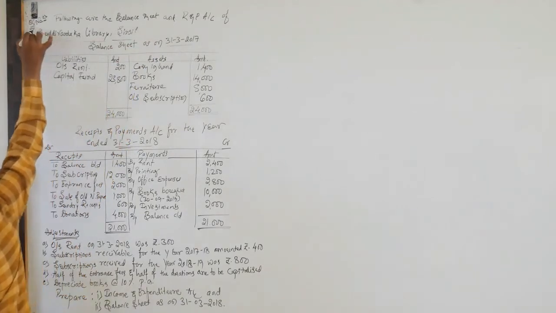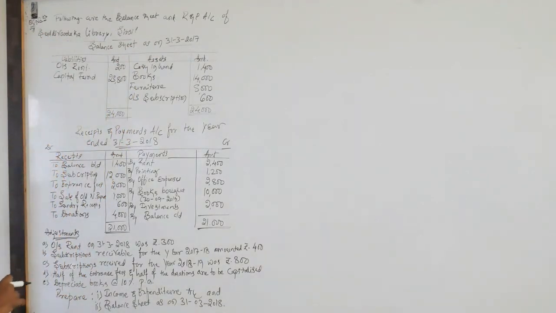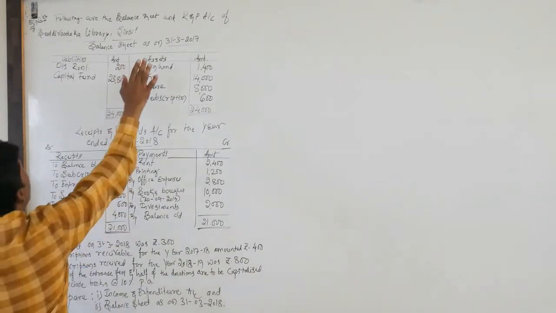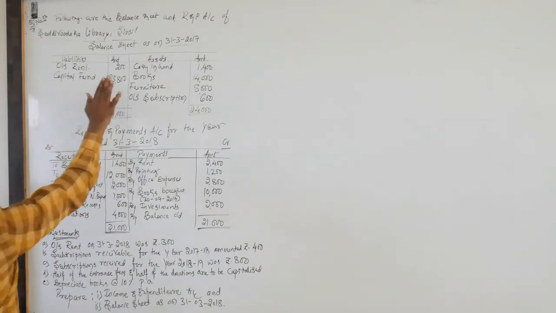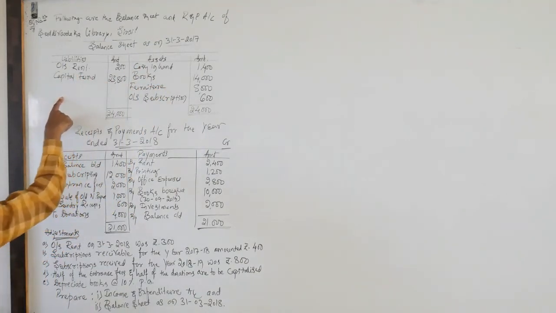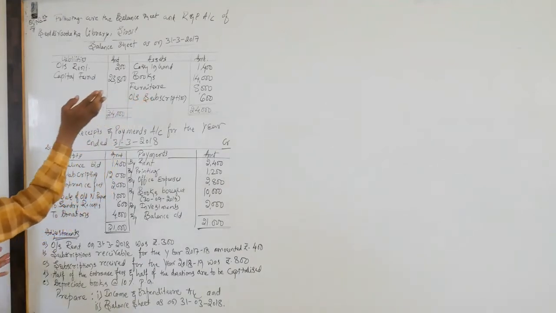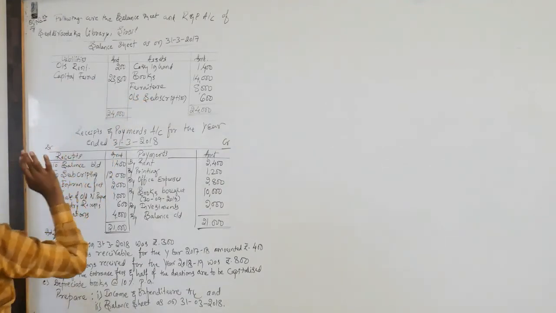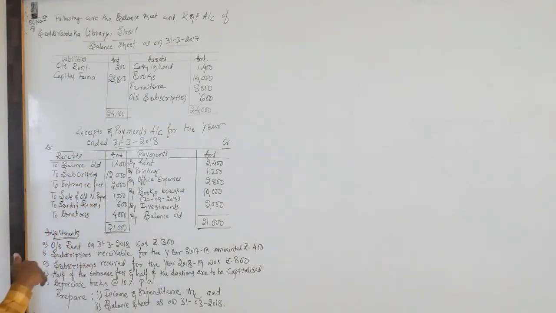Dear students, this is the name of a non-profit organization. This balance sheet contains liabilities and assets. On the liability side, as I said earlier, this is the previous year's closing balance sheet, which means the present year's opening balance sheet.